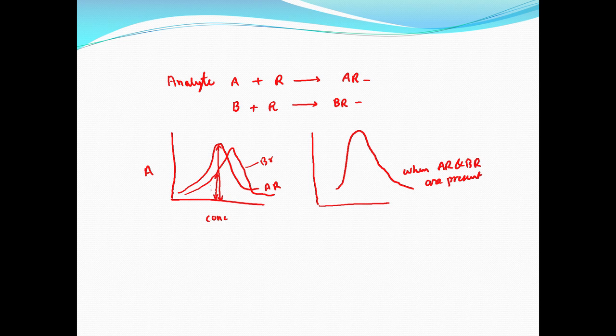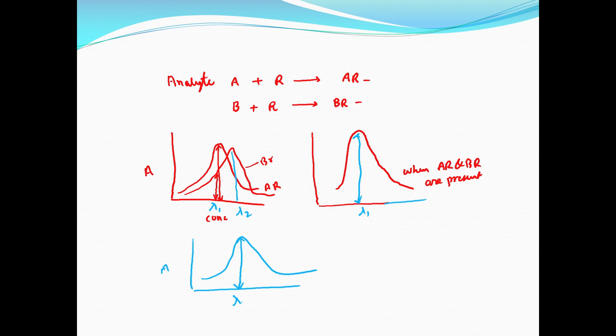This is for the lambda max of AR. The same thing is true with respect to the lambda max of BR. If this is at lambda 1, this is at lambda 2. If I measure absorbance at lambda 1, I get a curve something like this, and the other one will be at lambda 2.